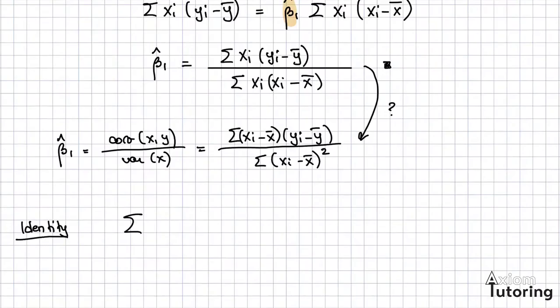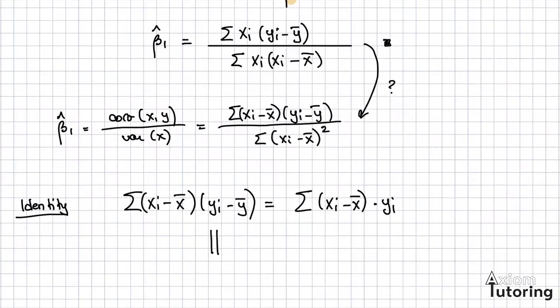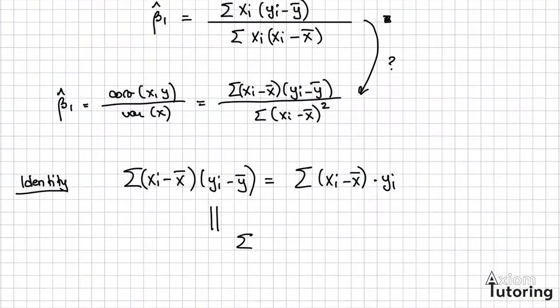The sum of xi minus x bar times yi minus y bar is exactly the same as if you had the sum of xi minus x bar times yi. But it would have been exactly the same as well if you had instead the sum of xi times yi minus y bar.